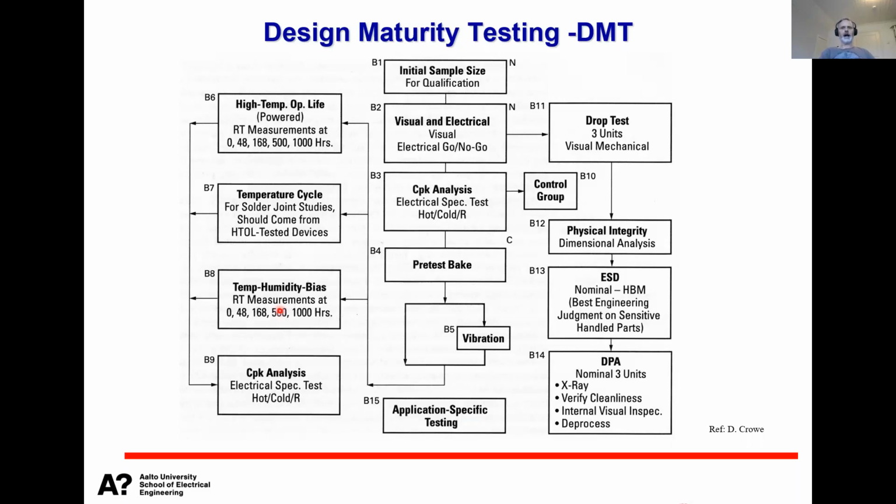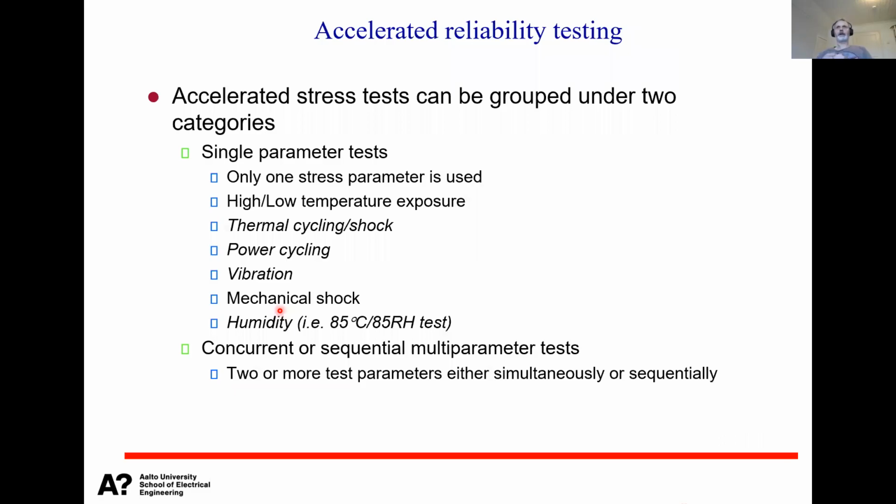But first, we have a little bit of brainstorming on what kind of testing conditions one should use in order to really understand what is happening there. Basically, we can divide our stress conditions so that we have so-called single parameter tests, and then on the other hand concurrent or sequential multi-parameter tests.